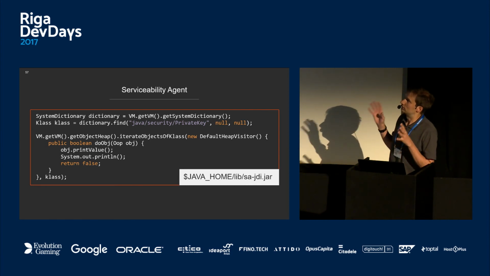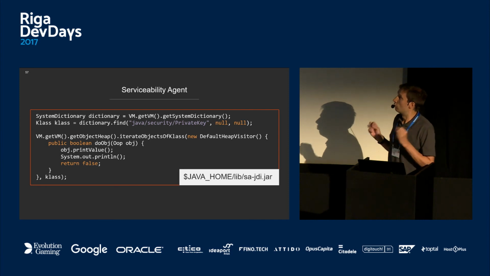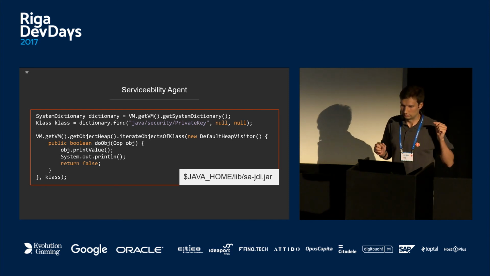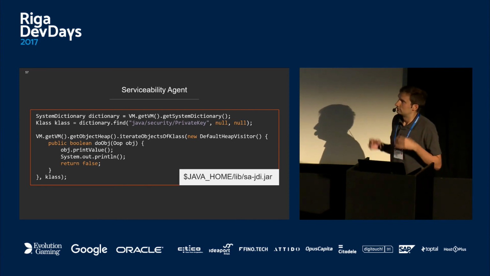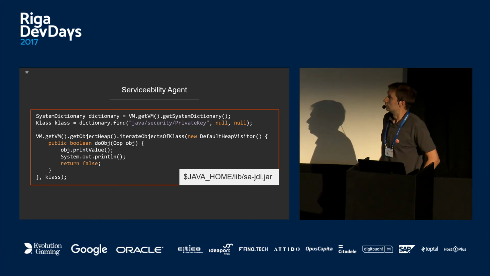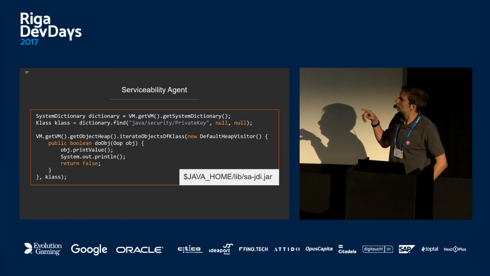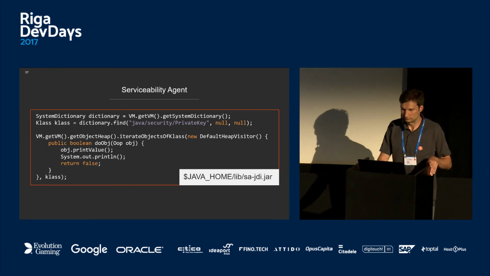And so you can use such a program to find all private key instances in the running JVM and dump them. To use the Serviceability Agent, you should include the sa-jdi jar in the classpath of your application.